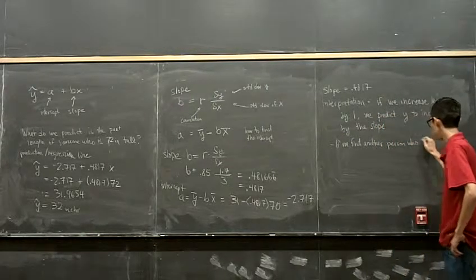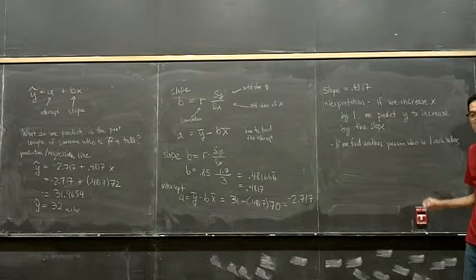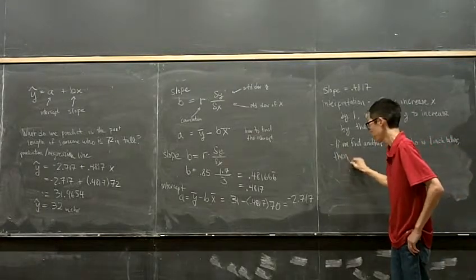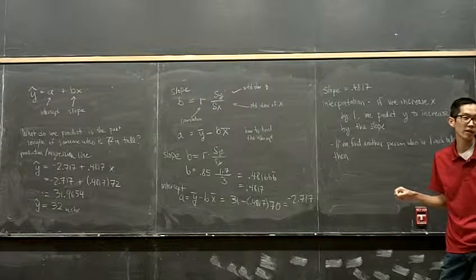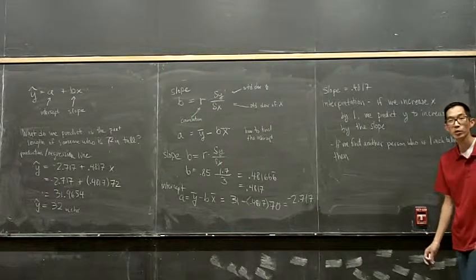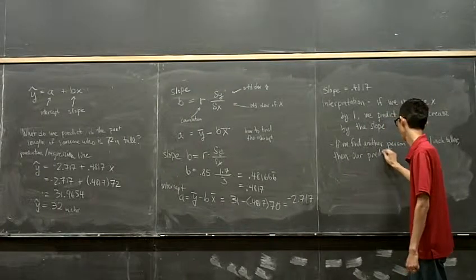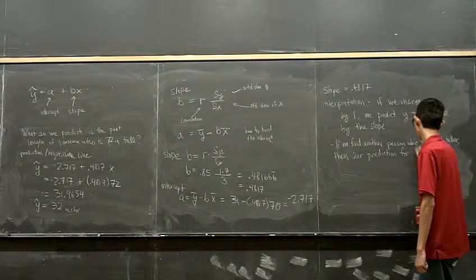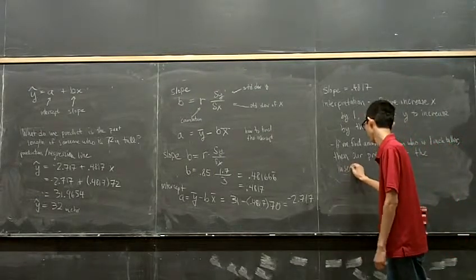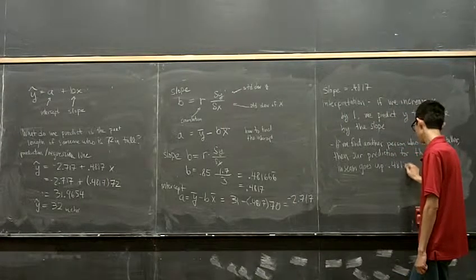For this example, it's if we find another person who is 1 inch taller, okay, because that's how my x is measured, right? Then what happens? If we find a person who's 1 inch taller, our prediction for the inseam goes up 0.4817. It doesn't mean the inseam actually changes by this much, but our prediction does.